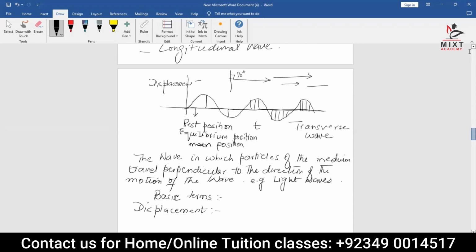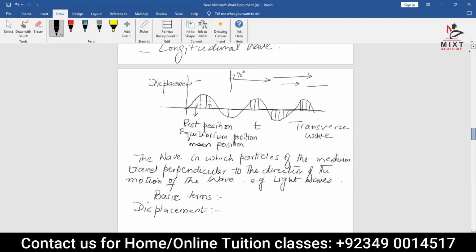Okay. Displacement is simply, now if you see, these are basically particles on the wave, right? They are going up and down with respect to the mean position. So their movement with respect to the mean position or from the equilibrium position is called displacement. If you see the displacement, this is vertical distance.